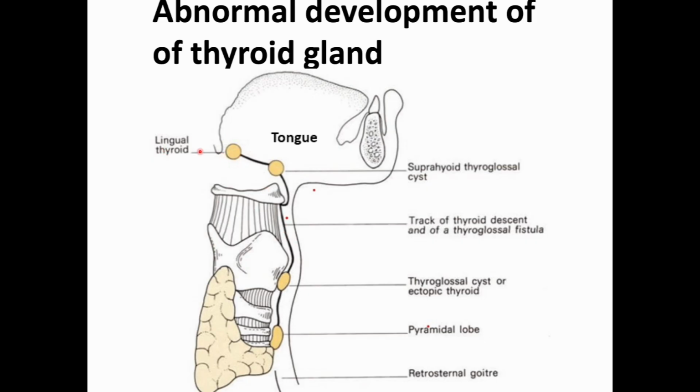We call it lingual thyroid. It may stop above the hyoid bone, which we call suprahyoid thyroid, or below it also. As you see here, the pyramidal lobe is an embryonic remnant of the thyroglossal duct. Excessive movement of the gland downward produces what's called retrosternal goiter.